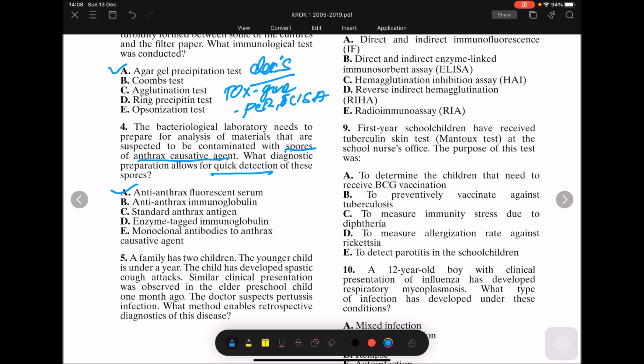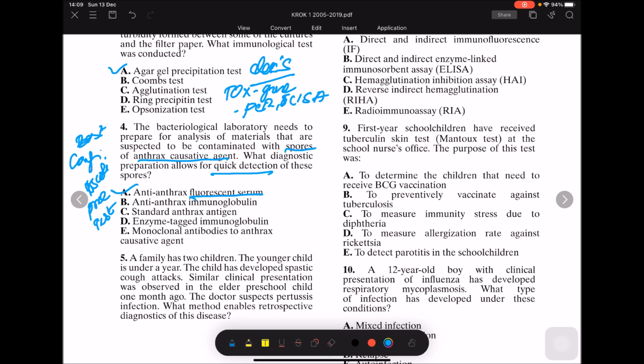That is anti-anthrax fluorescent serum. For best confirmation, we have to use the Ascoli precipitation test. For quick detection, we use immunofluorescent microscope or anti-anthrax fluorescent serum. For best confirmation, we use the Ascoli test.